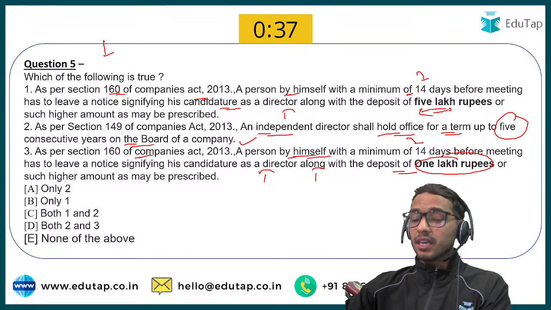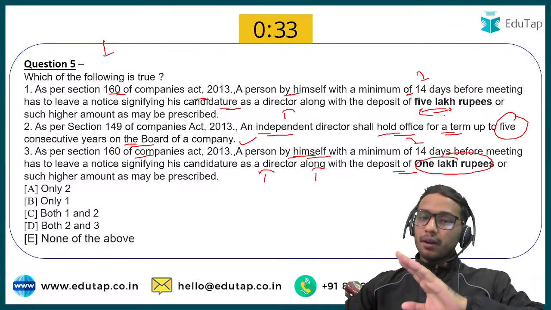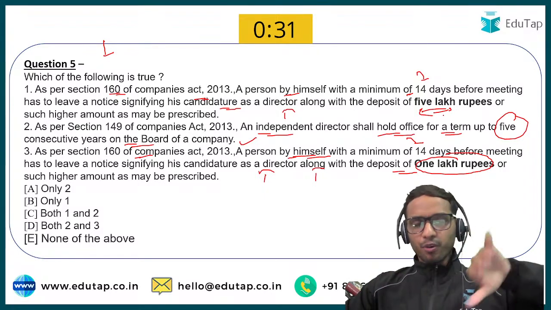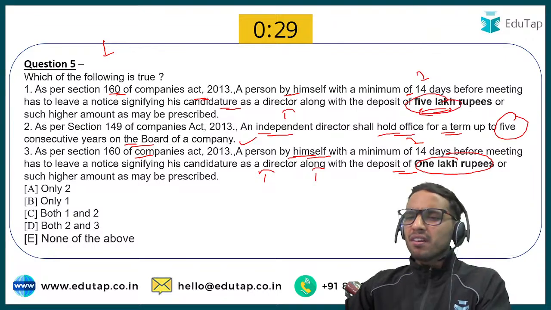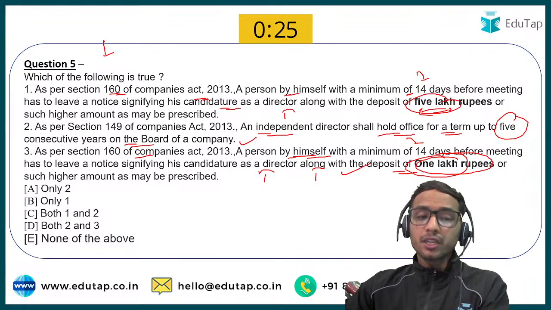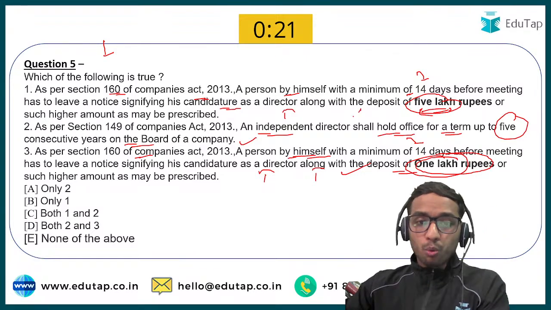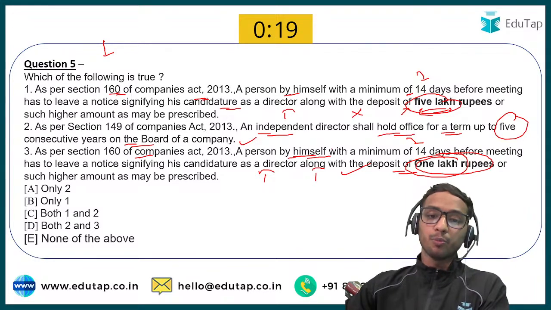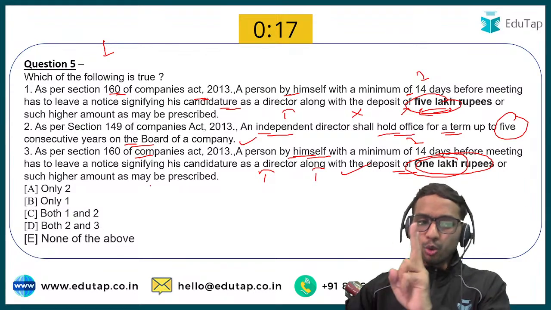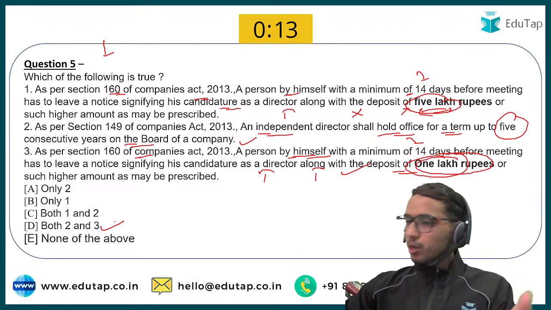If someone wants to be a director, he needs to leave a notice a minimum of 14 days before the meeting along with 5 lakh rupees or 1 lakh rupees. The correct amount is 1 lakh rupees. So statement number 3 is correct, statement number 2 is correct, but 1 is incorrect because it says 5 lakh rupees. So your correct option would be 2 and 3, that is option number D. That's how you attempt the question in the examination.